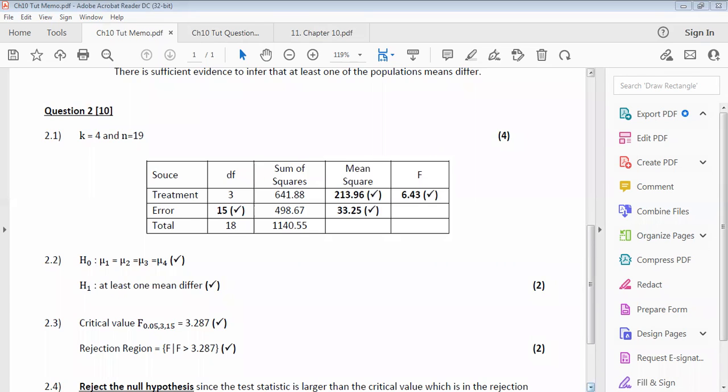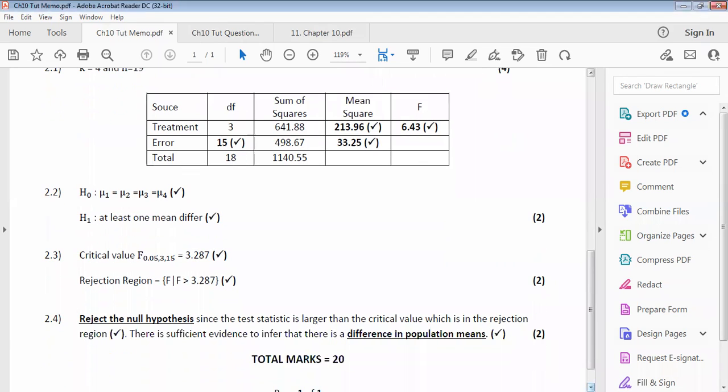Sorry, I made a mistake. I was showing the sum of the square. You divide the answers that you found for the mean. So you're dividing these 2: 13.96 divided by 33. What you found, the mean squares, not the sum of the squares. All right. My apology for that.